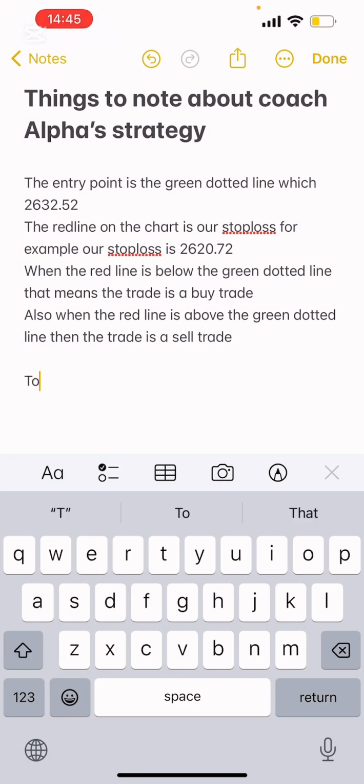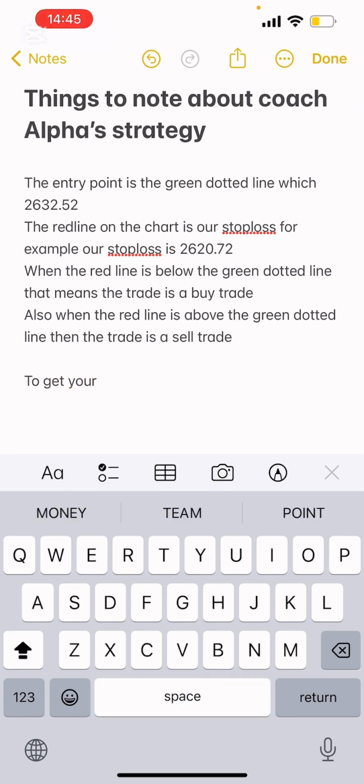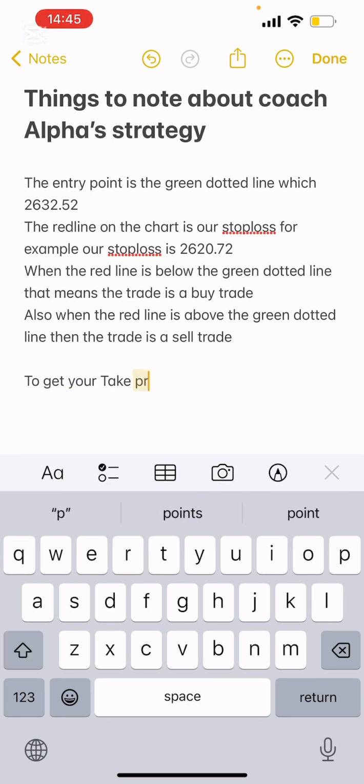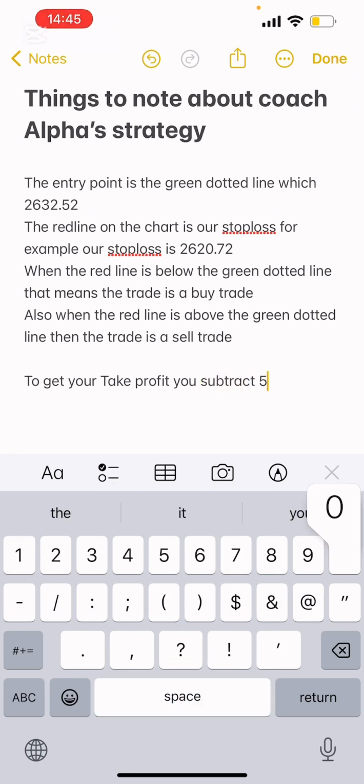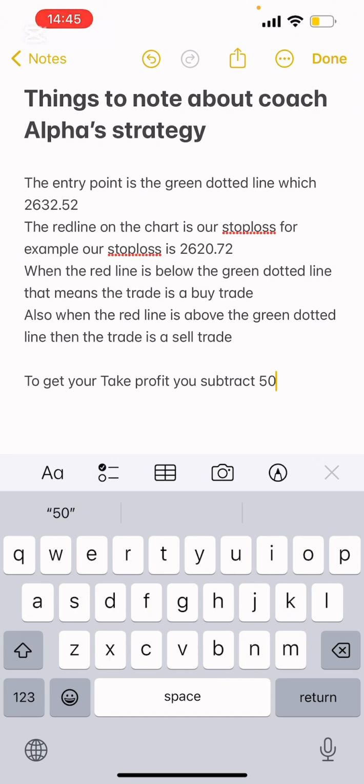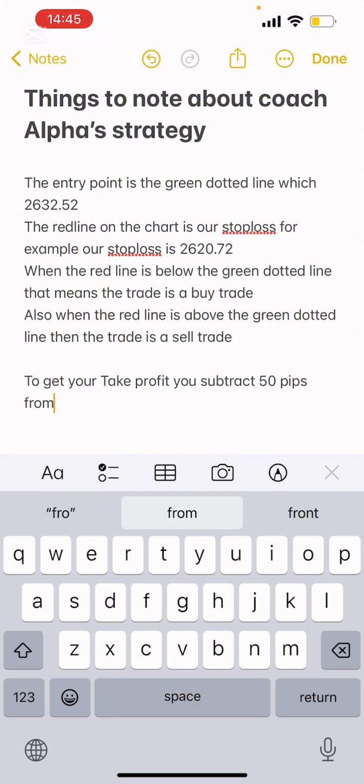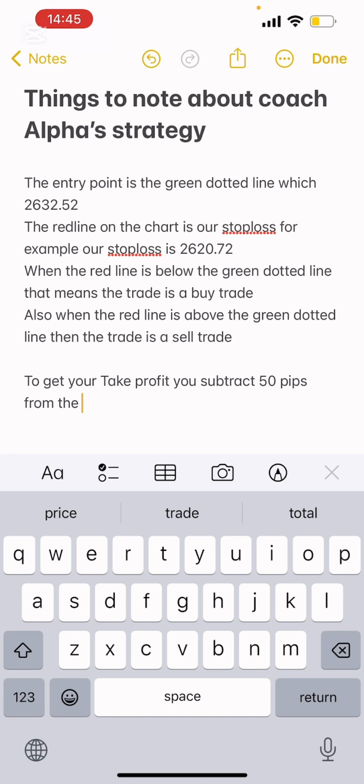And what I said is, to get your take profit, you subtract 50 pips from the entry point.